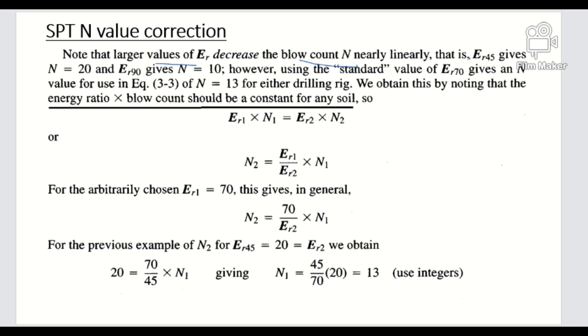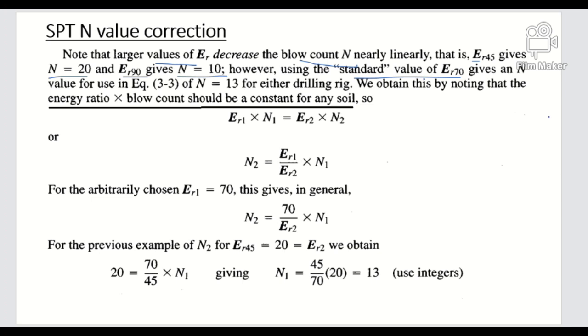If the energy ratio 45 gives SPT value 20, then the energy ratio increased to 90 will give the SPT value 10. So after research, the standard value has been taken, and that is energy ratio 70. So any SPT value with any energy ratio we have to convert to E70, or energy ratio of 70, and then calculate the standard N value.